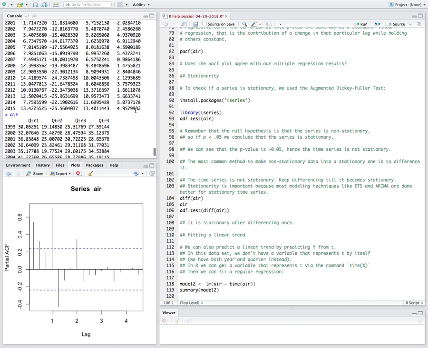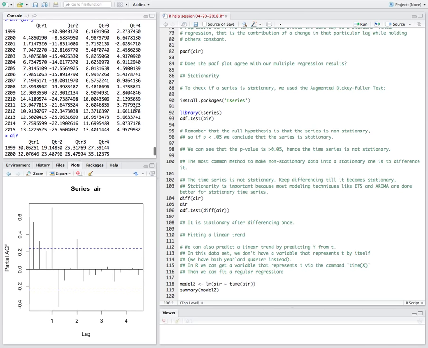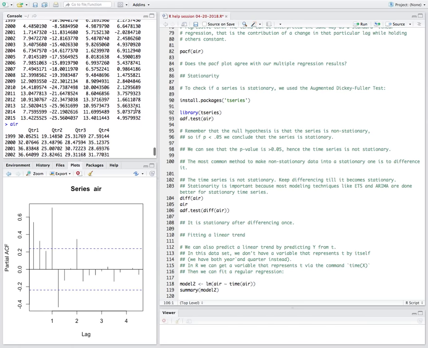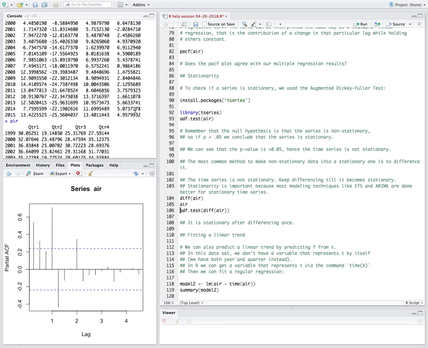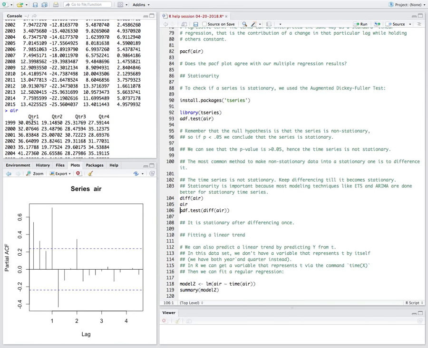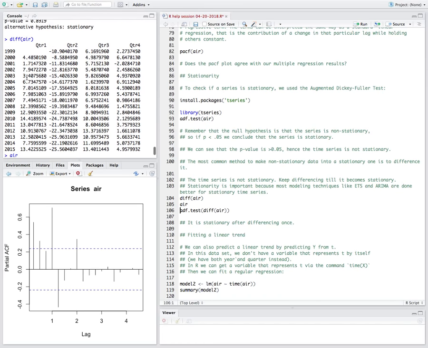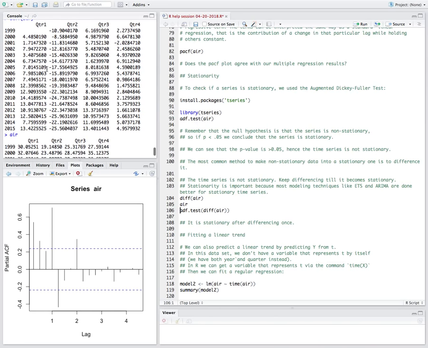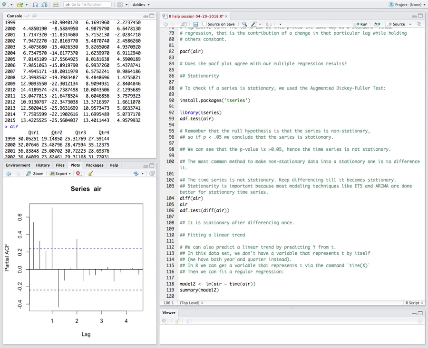You can see what this diff command has done here. Quarter one of 1999 does not have any previous data before that, so there's nothing to difference it from. But quarter two of 1999 is subtracted from quarter one of 1999, and that gives you a minus 10.9 value over here.